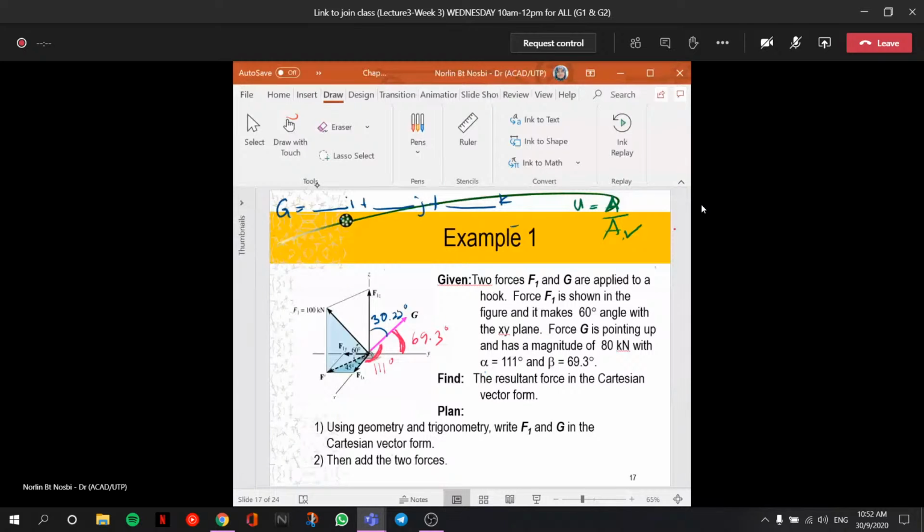So when you arrange this formula, it would go upwards. So it would be A times U equals A vector. U is the IJK. So when you write it into the Cartesian vector, all of this equation needs to be times 80.